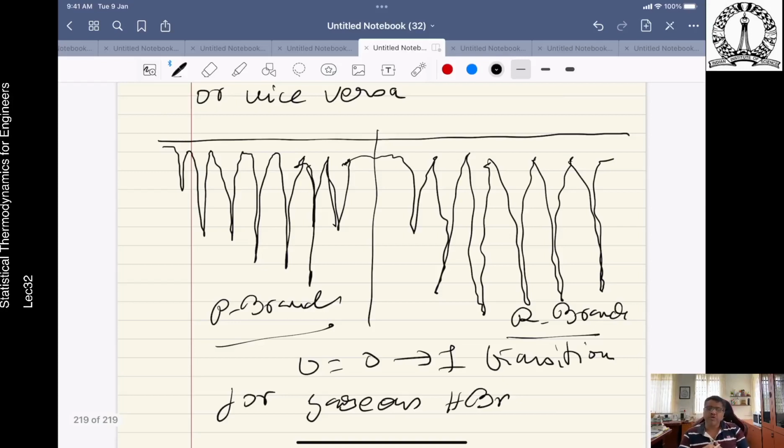So given this outlook, we need a more realistic model for the combined vibrational and rotational motions of a diatomic molecule.